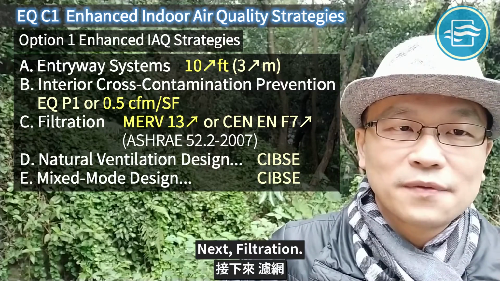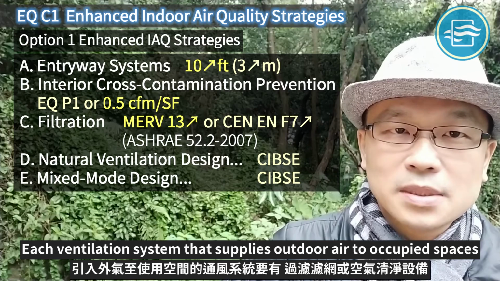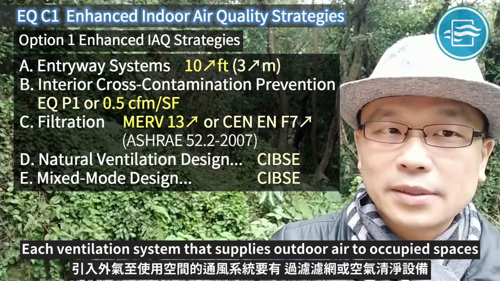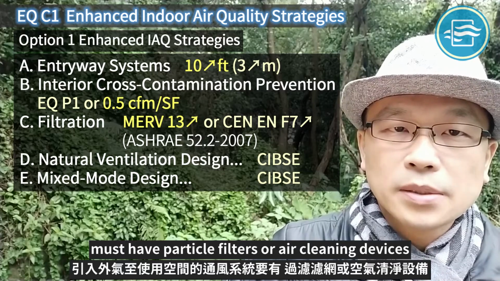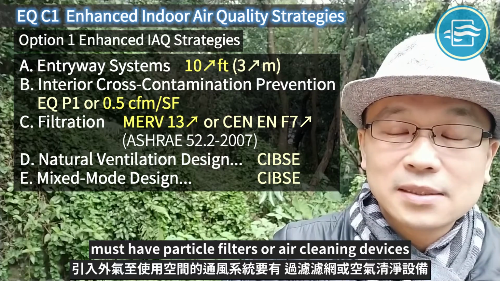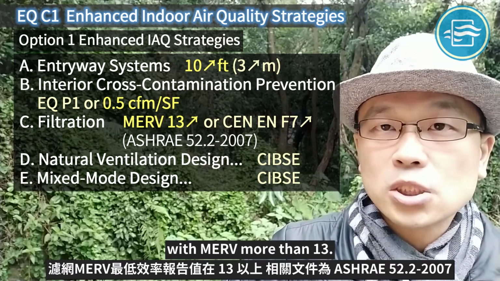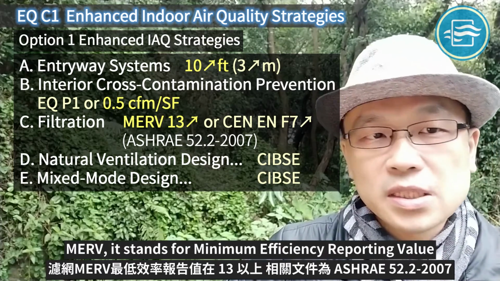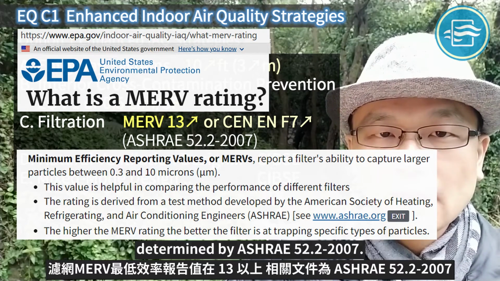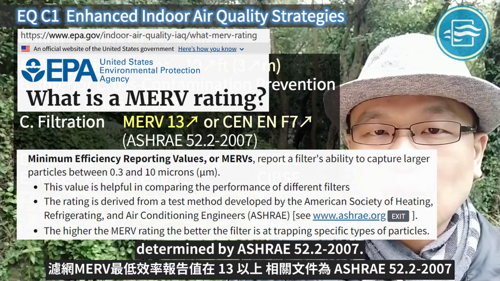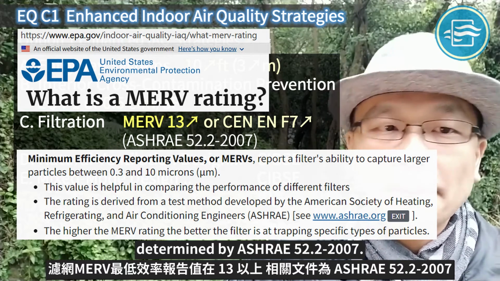Next, filtration. Each ventilation system that supplies outdoor air to occupied spaces must have particle filters or air cleaning devices with MERV 13 or higher. MERV, M-E-R-V, stands for Minimum Efficiency Reporting Value, determined by ASHRAE 52.2, 2007.